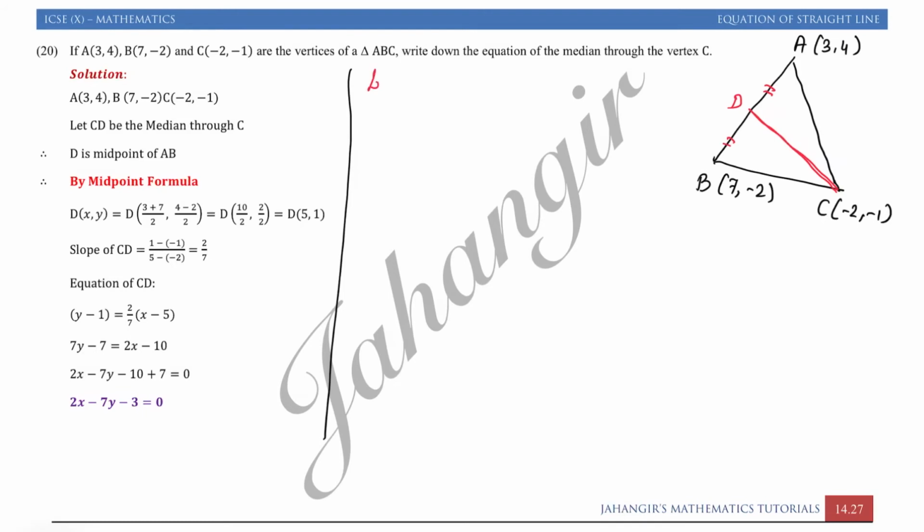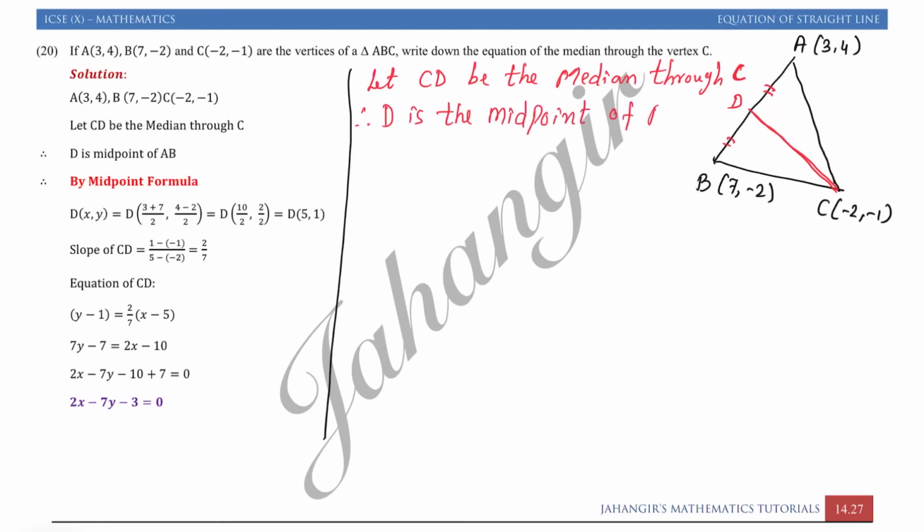Let CD be the median through C. So therefore we can say D is the midpoint of AB.